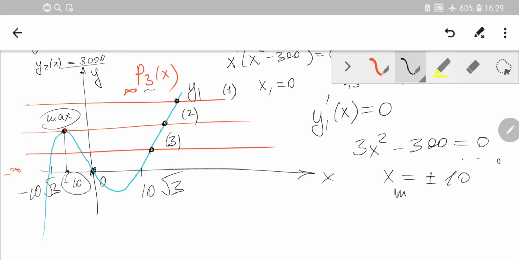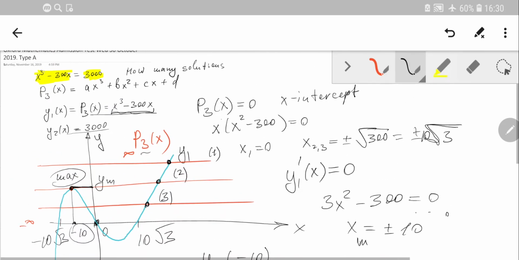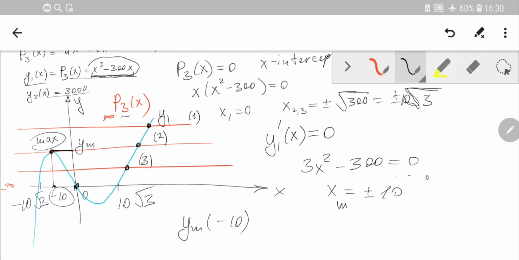Okay, but anyway, we need to know the y level for this. So let's try to find y maximum. How to find it? We just put negative 10 instead of the argument in our y1 function. All right, so let's do it.